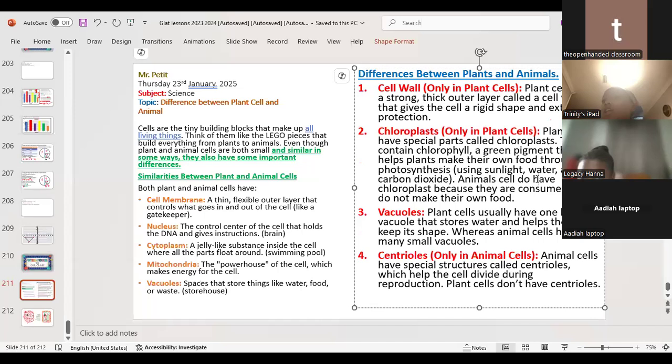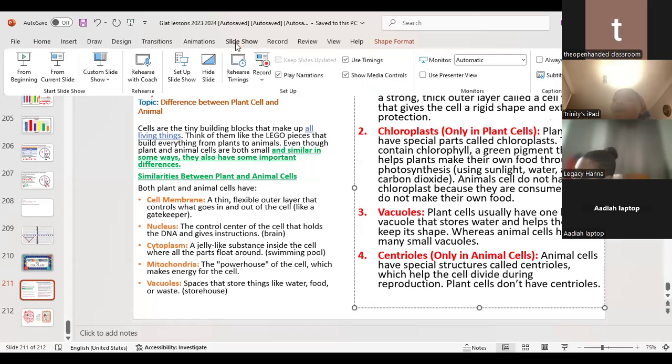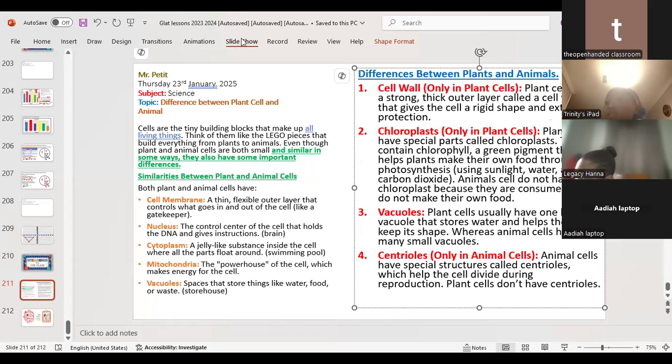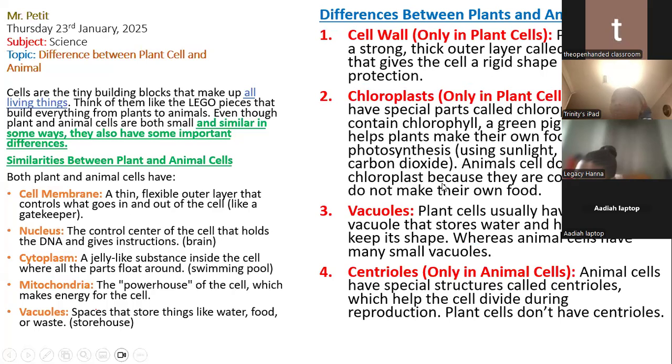Animal cells do not have chloroplasts because they are consumers and they do not make their own food.